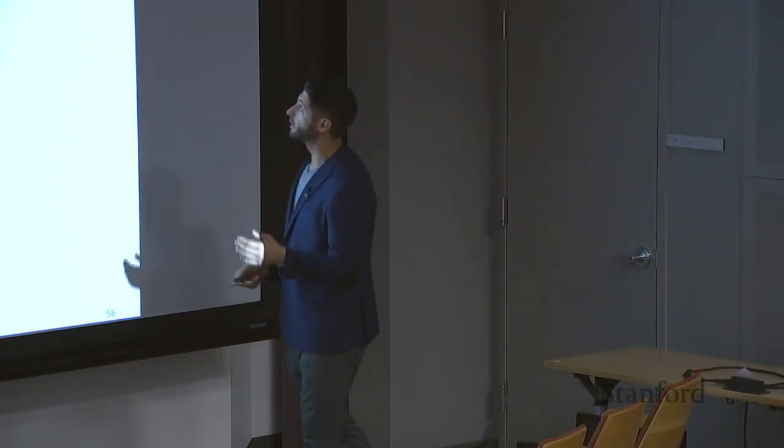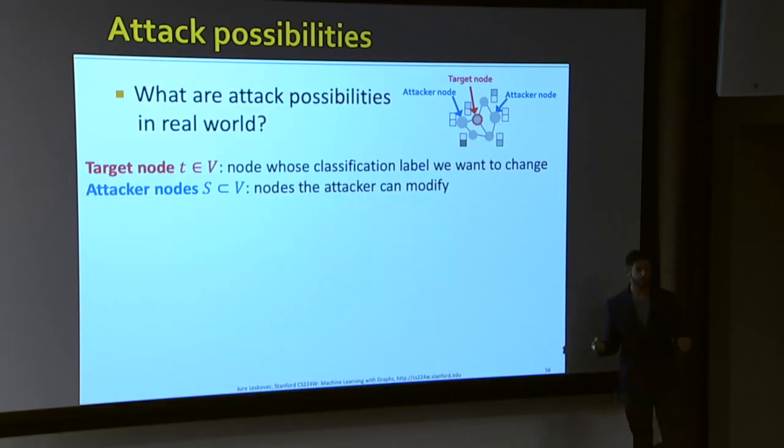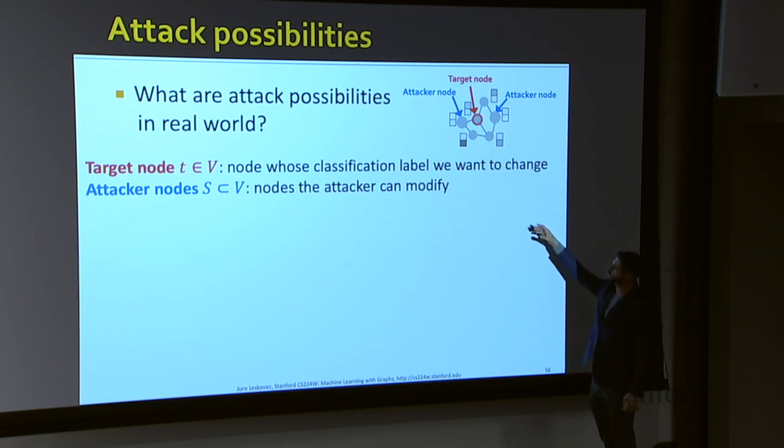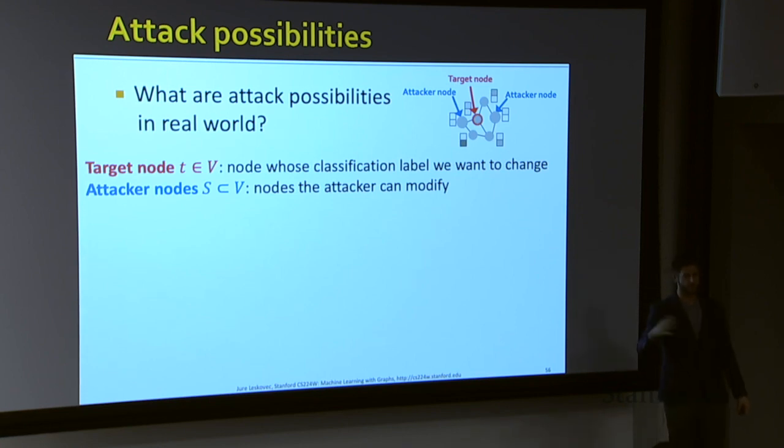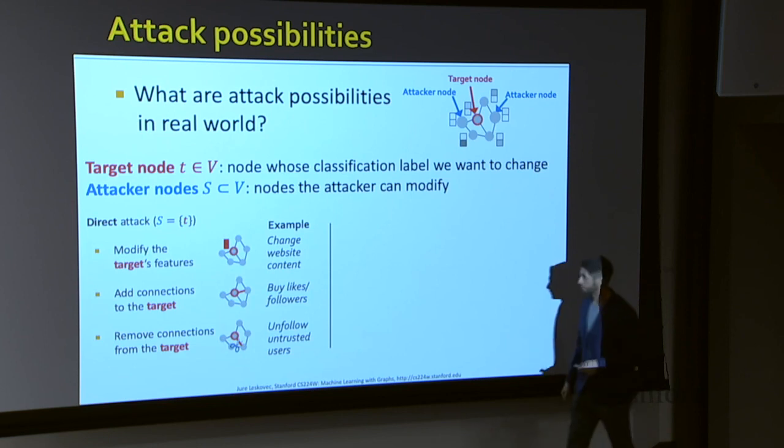The attacker nodes instead are some of our side fake accounts or bots that we can manipulate in order to boost the results as much as possible. Our target node t is the node whose classification label we want to change. Let's say our label is to be recommended, yes or no. And the attacker nodes are the nodes that we can directly modify.